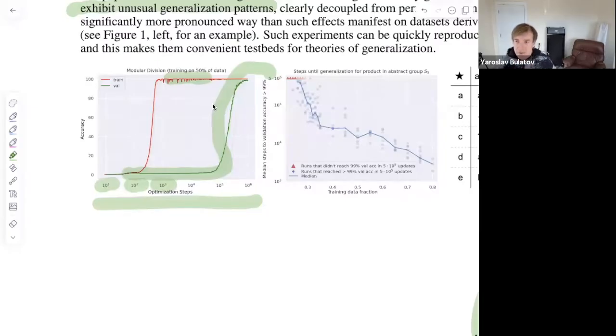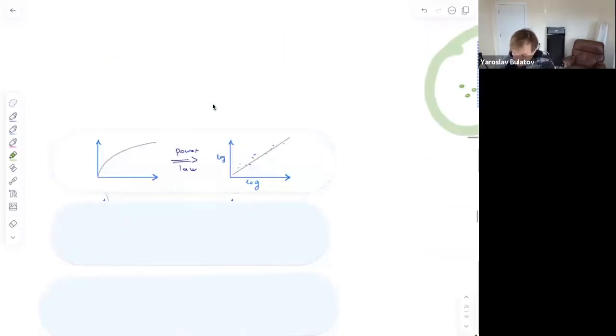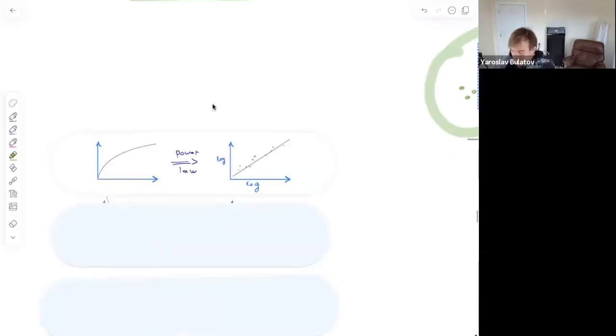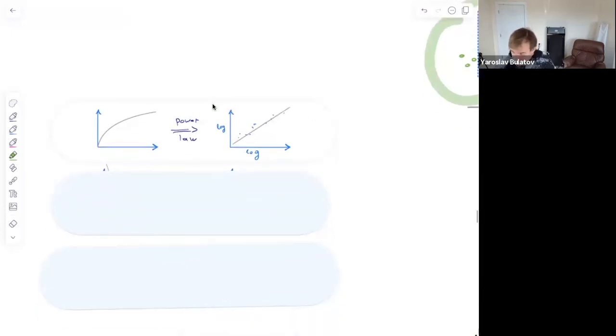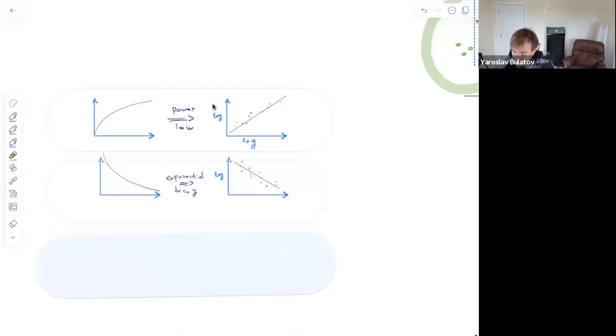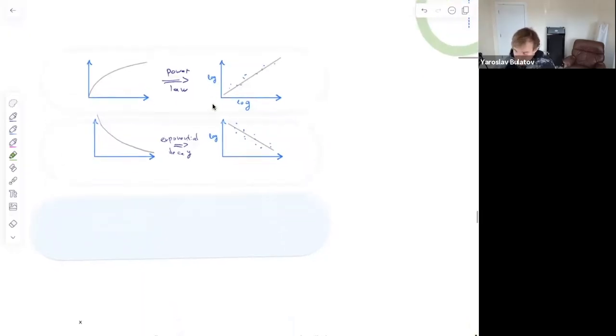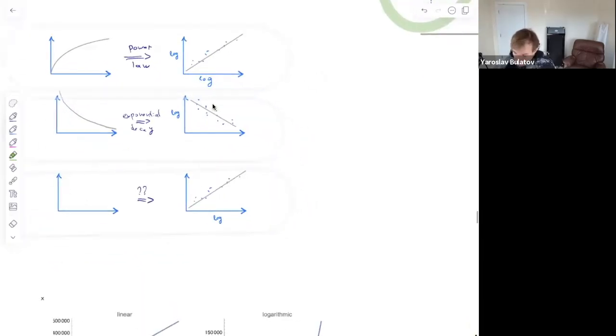And whenever you see something unusual, you should always ask yourself, why does this happen? So we can ask, why do people choose unusual scales? You can choose log-log scale because the behavior is a power law. It makes it look linear. You can use a log scale on the y-axis because it makes exponential decay linear. But using log on the x-axis, I've never seen it before.